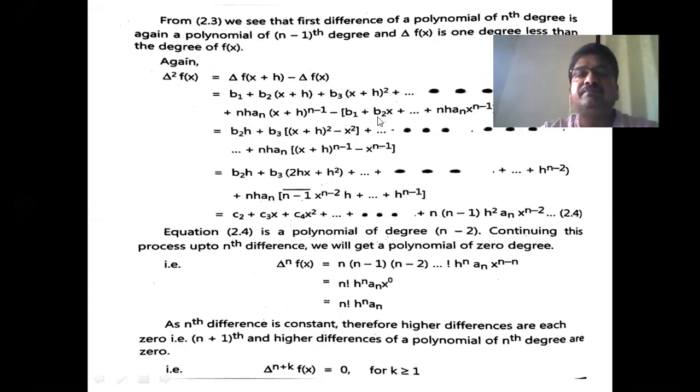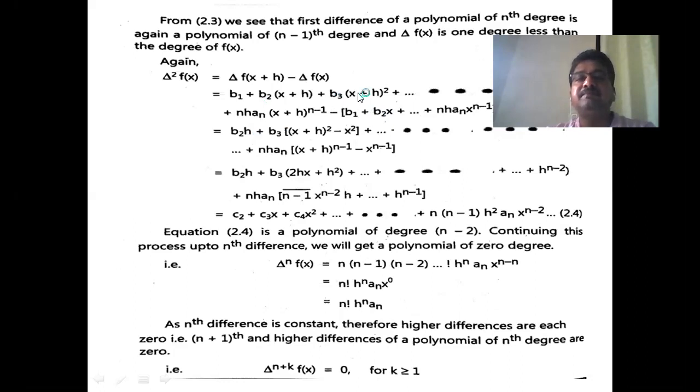So what do we have? This is delta fx, and this is delta f of x plus h. Then simplification: b2x and b2x become 0, and then b2h is the first term.